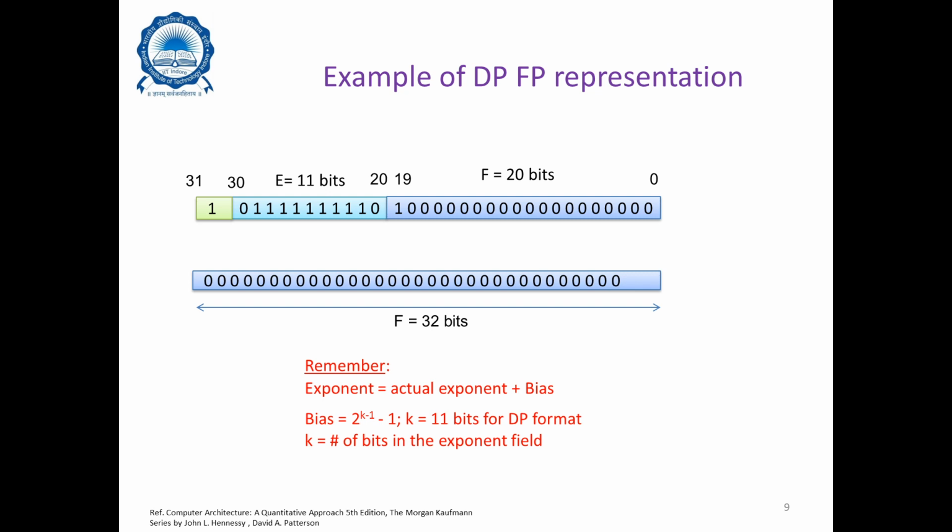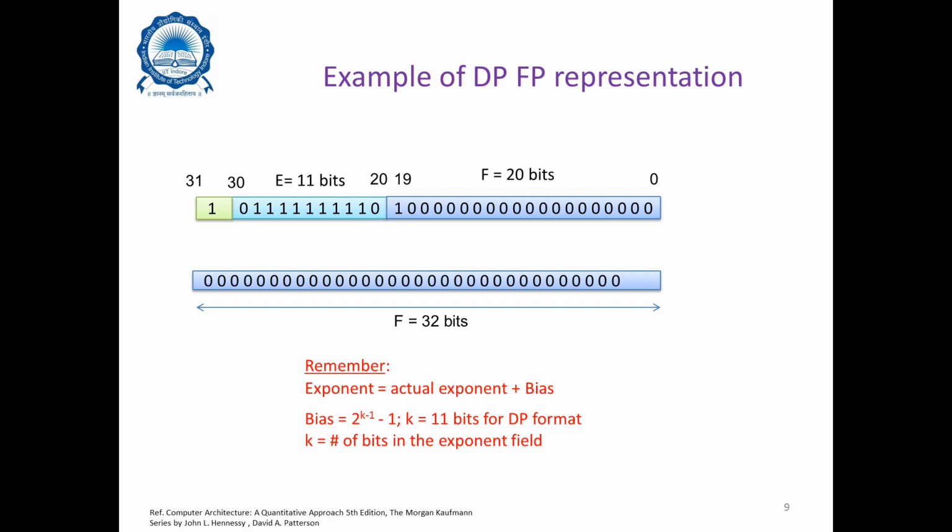The same number, now if you want to represent as a double precision floating point representation, we will have to recalculate the value of the exponent using the same formula, right? So in this case the exponent field will be 1022, because we want a minus 1, so the exponent value will be minus 1 plus 1023, which gives you 1022.